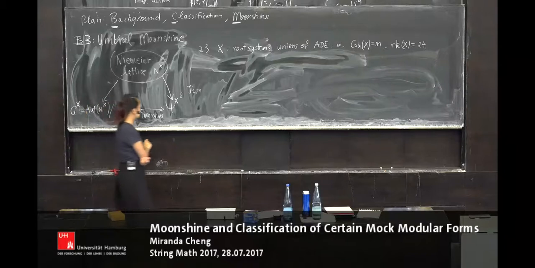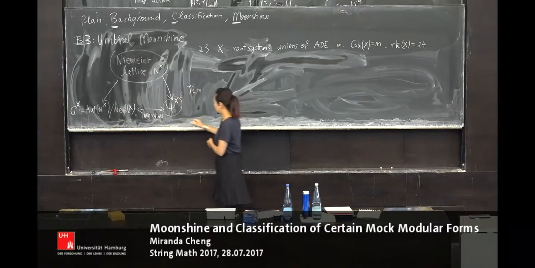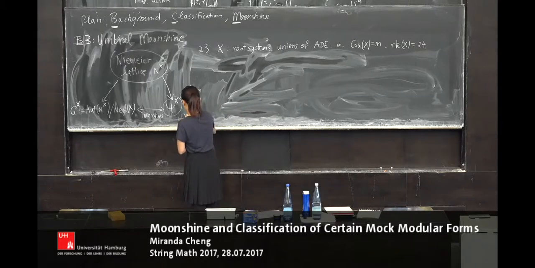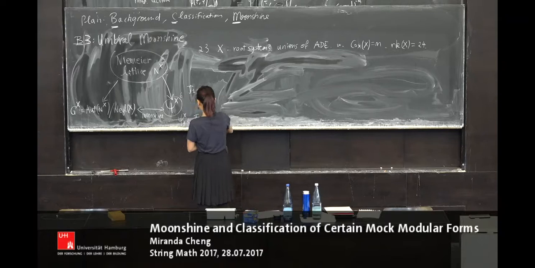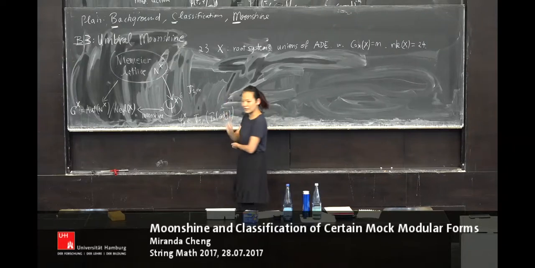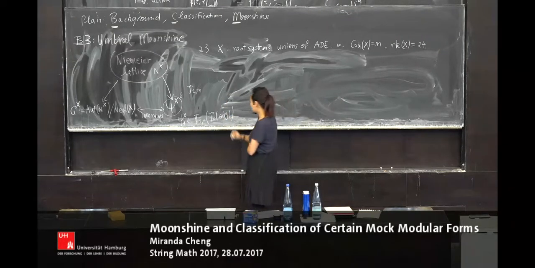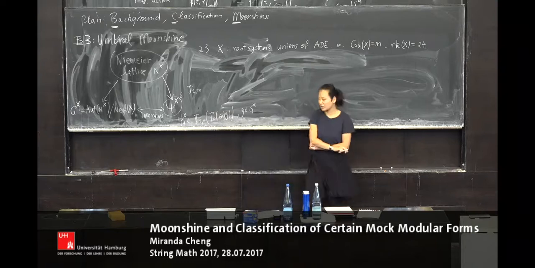First, you can generalize the construction and attach a mock Jacobi form of a higher level. Again, this will be given by the order of G, just like what we have seen in the monstrous case. For every element of the finite group, you define it using the automorphism of the lattice.